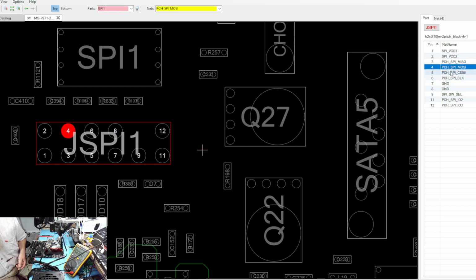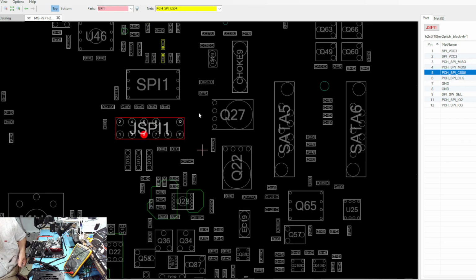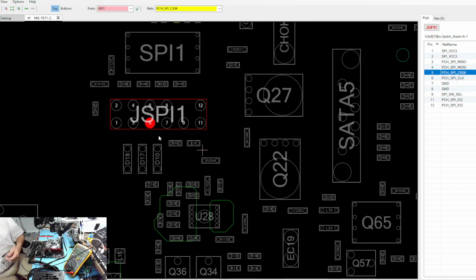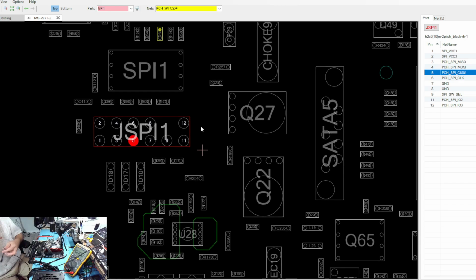That also could mean that our PCH is faulty, because we connect directly to PCH with our SPI. So what I want to see, because checking on the MOSI or MISO, that's not gonna necessarily tell you anything, because that's a shared bus.